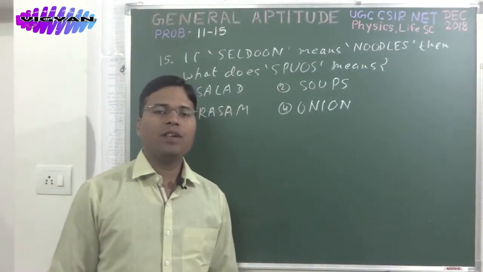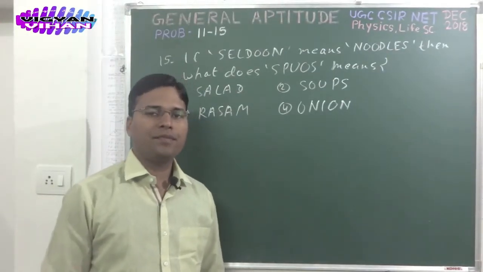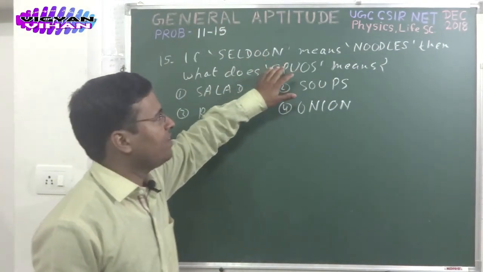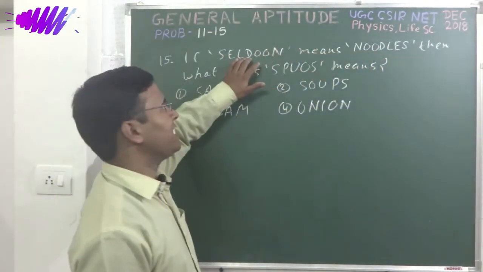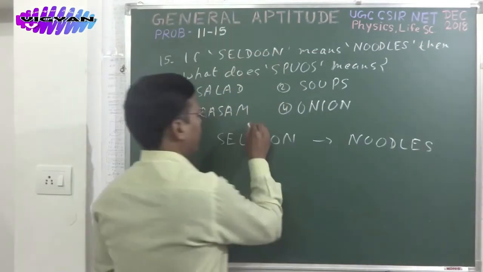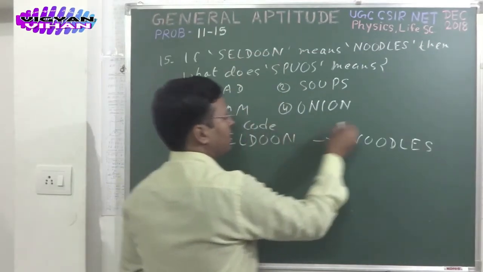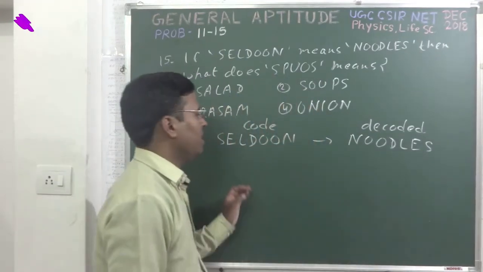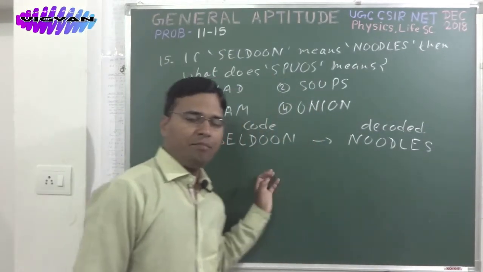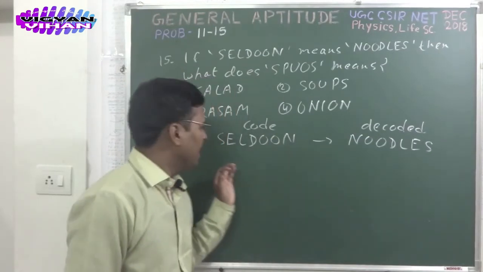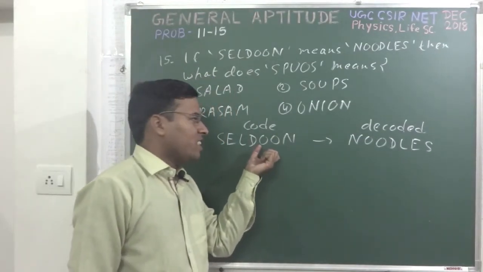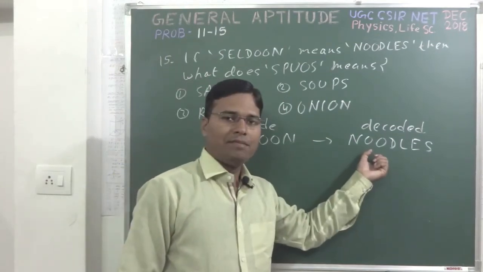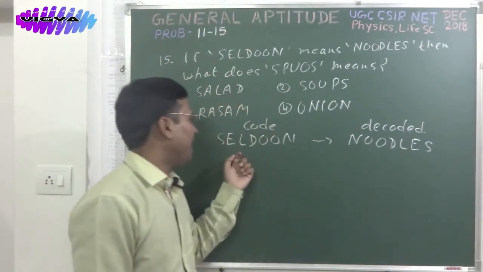It is the last problem of this episode, problem number 15. In this problem, there is a code in which the word noodles is written as SELDOON. It is decoded into noodles. What is the relation between those two words? Let's start. Here, O comes 2 times in this word, O comes 2 times in this word.